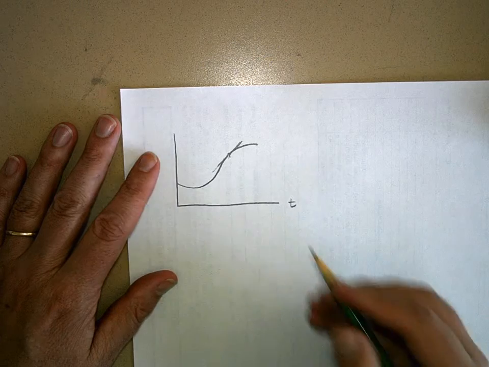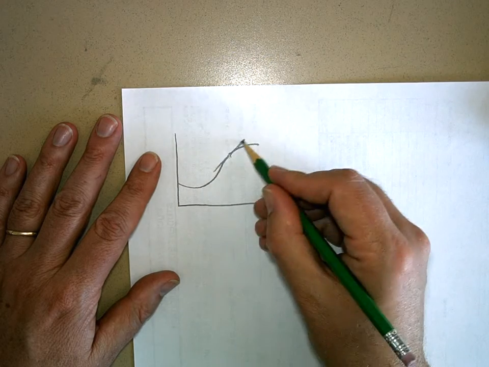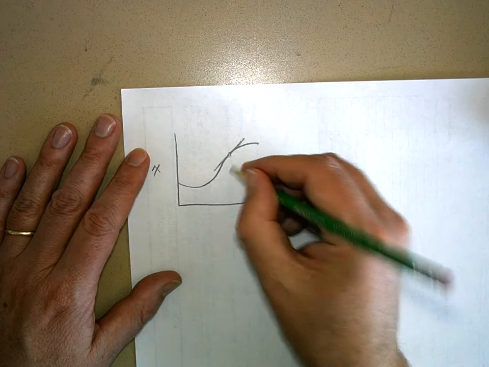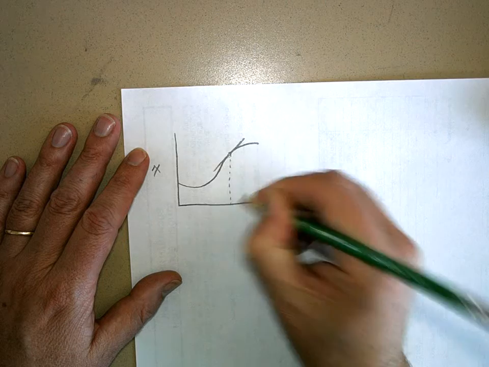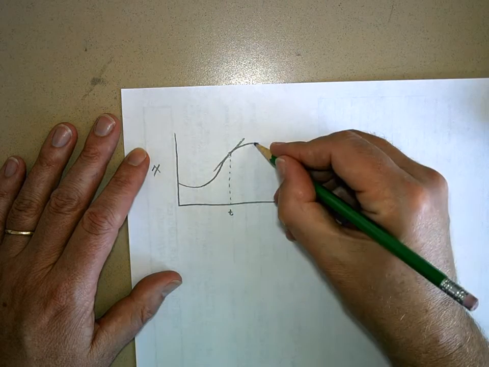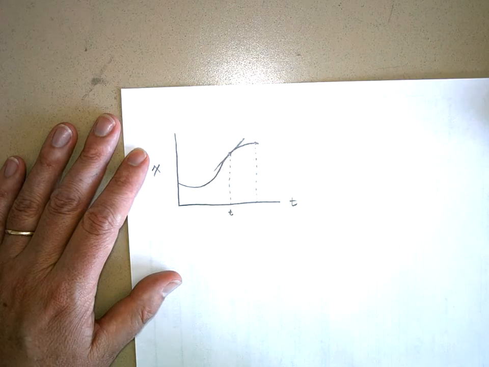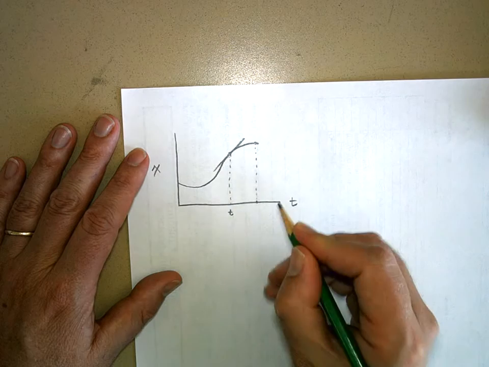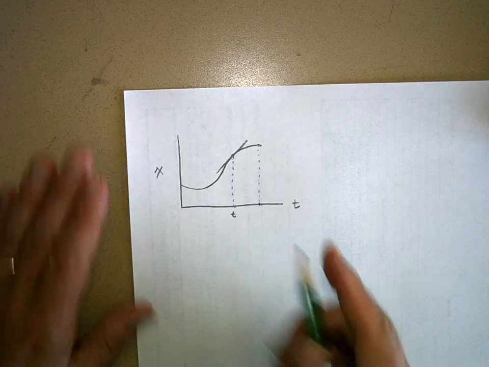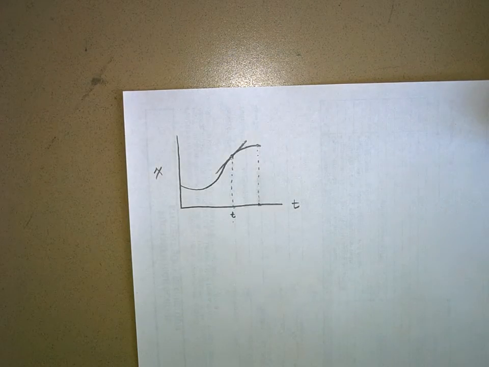So here's what we're going to do. We can't find the slope of this line yet. So I'm going to call this t. And over here, I'm going to put another point. From here to here, we're going to call that delta t. Here's my time t. I'm going to add a little interval of time to it, and I'm going to call it delta t.